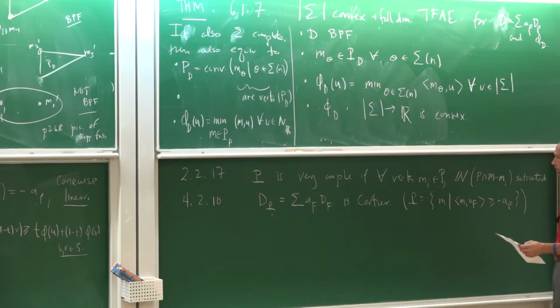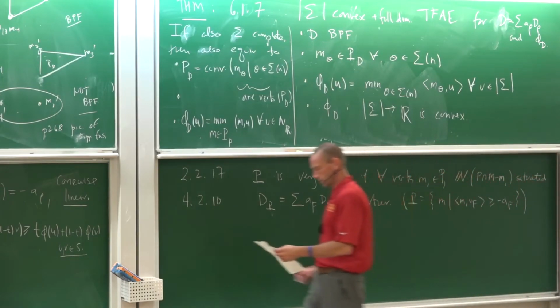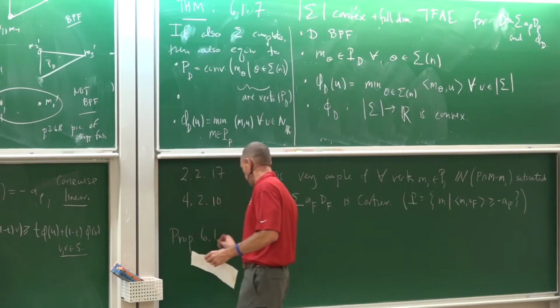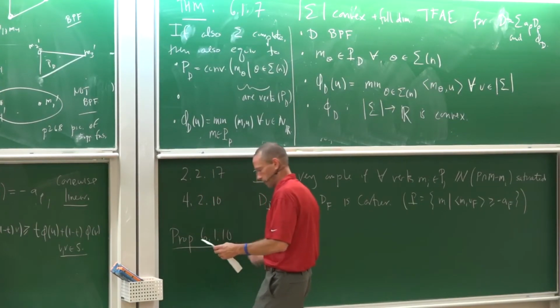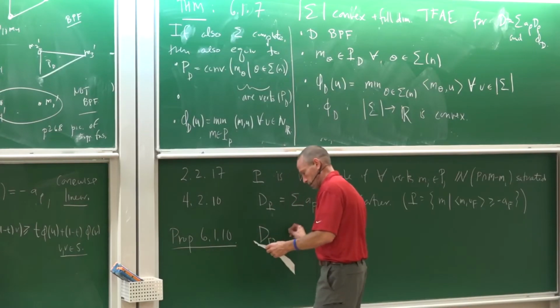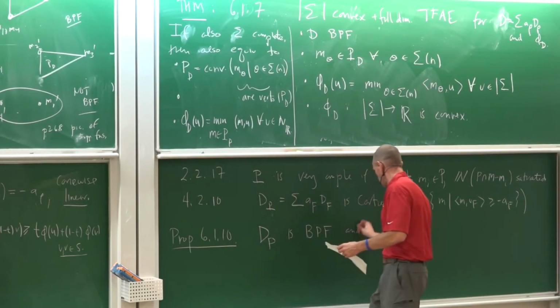So then we get a proposition which now is going to tell us about ampleness. 6.1.10. D sub P is base point free and ample.